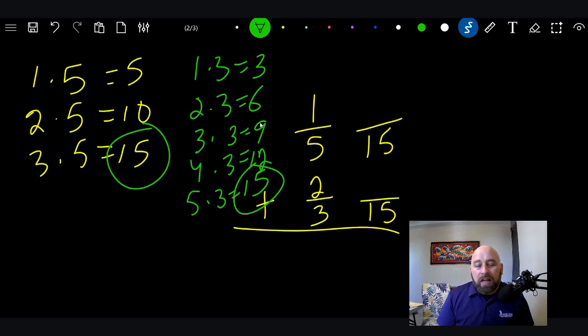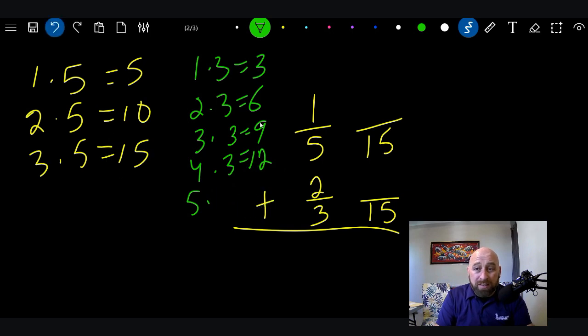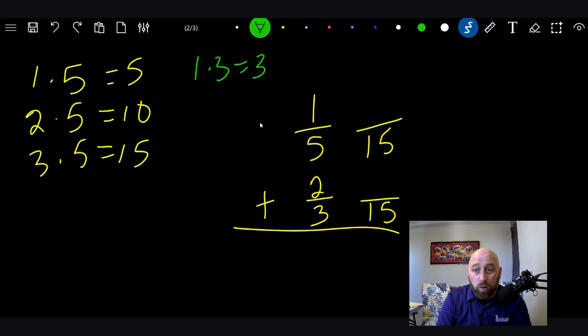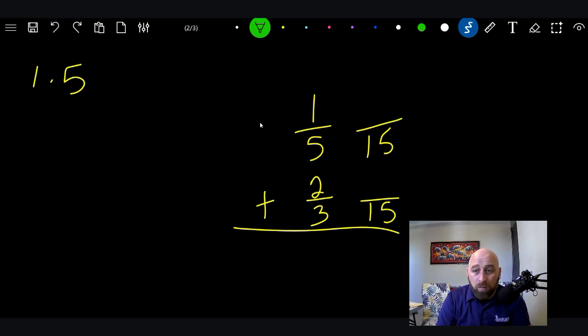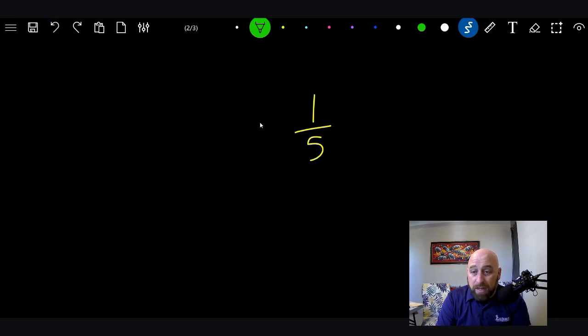For the most part, you're probably doing that process in your mind right now. You just kind of look at it and you can figure it out. I don't want you to think that we're doing something different or weird. It's just the same process, except for now we're adding letters to it. Now it's algebra instead of just regular math, okay?